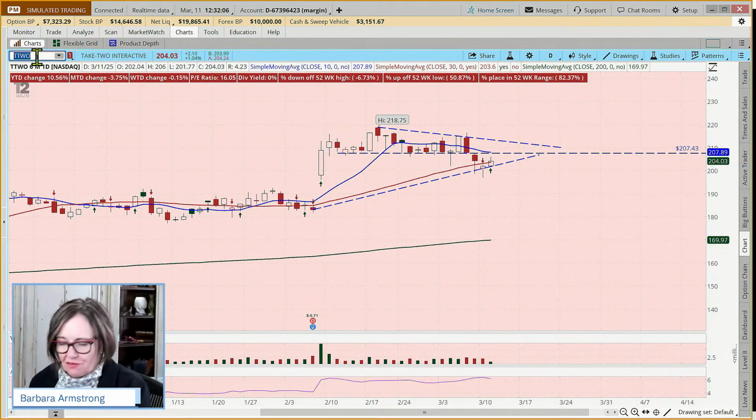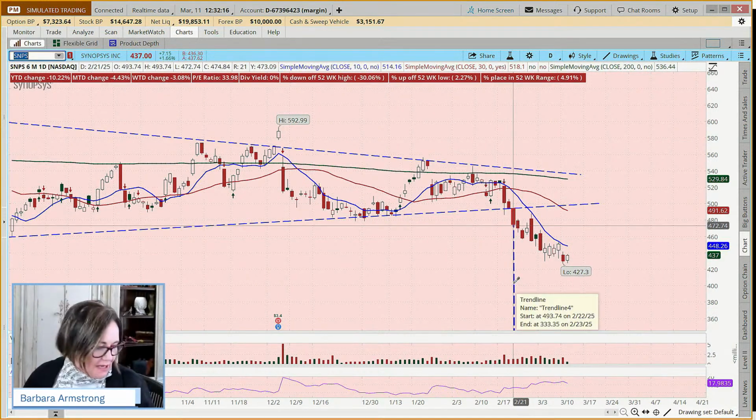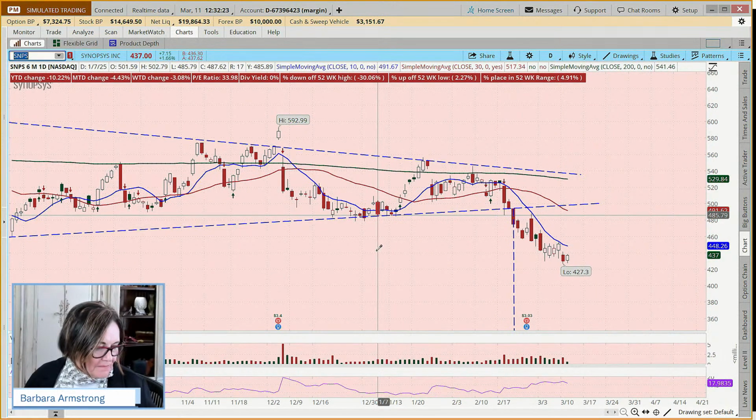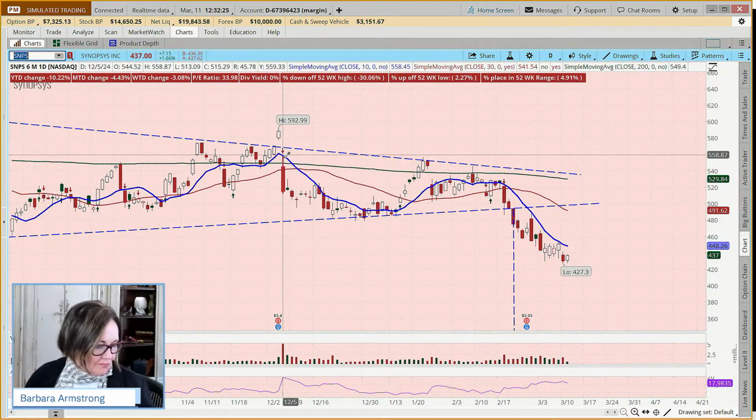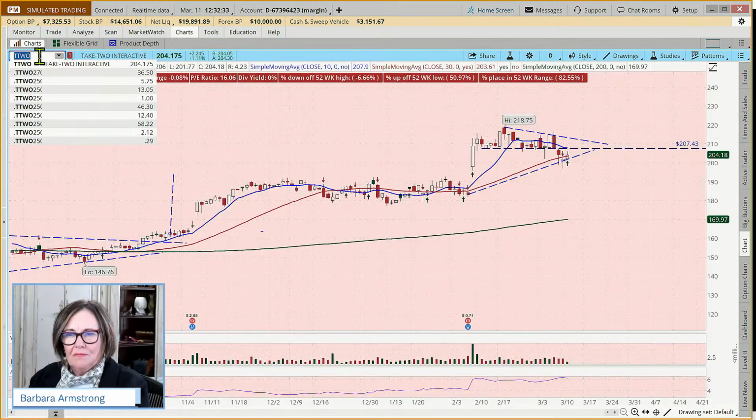And then let's look at Synopsys. Now, Synopsys, I think we'd already looked at and put our potential target in there. Let's go back and look at it, because I wanted to do an example trade. Let's look at take 2.